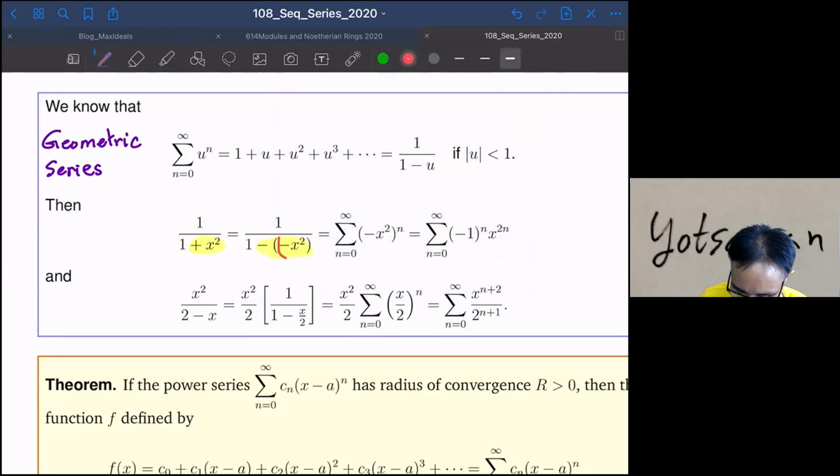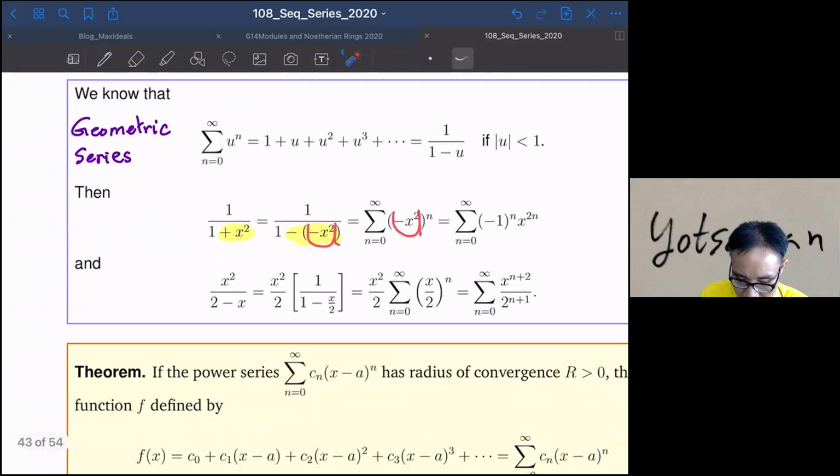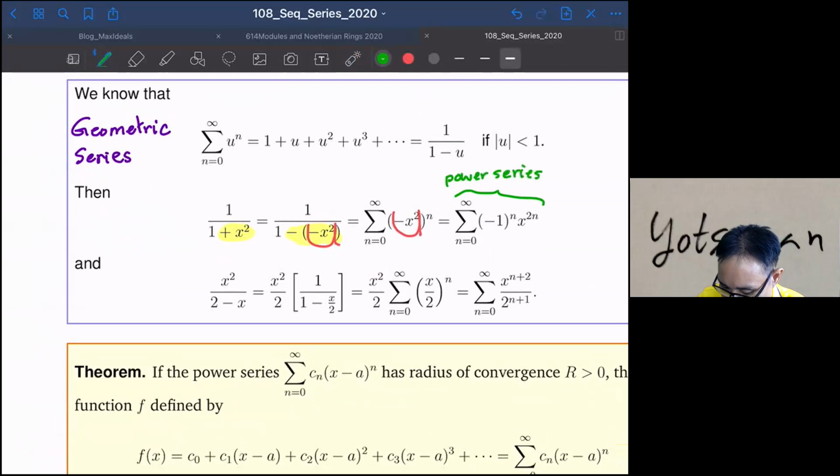So u equals negative x squared. And so you'll be able to represent this function in terms of a power series. This we are going to call power series representation.